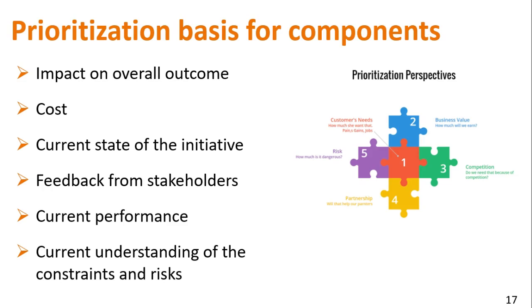And in terms of your project or your initiative, you may really have to look at it and prioritize your components in a number of different ways, and then look for the balance that says, we have our prioritization from all these different perspectives, and based on the combination of those perspectives, this is what we feel is the optimal delivery plan for these components.